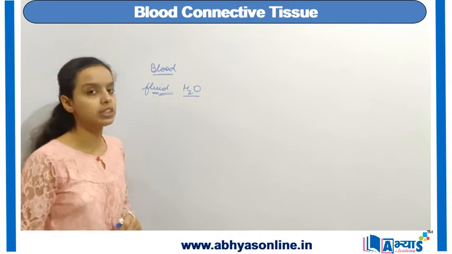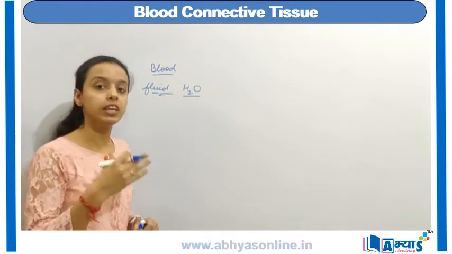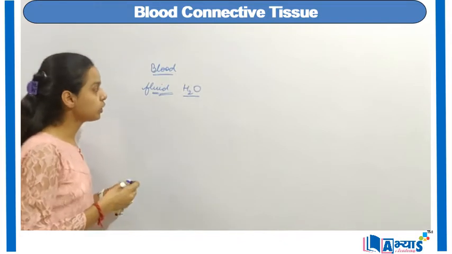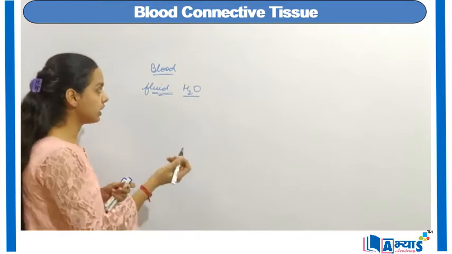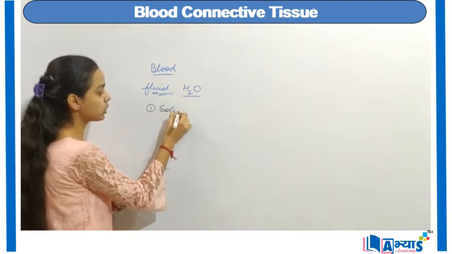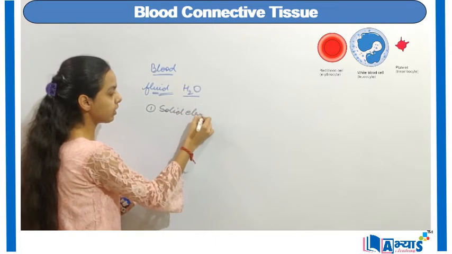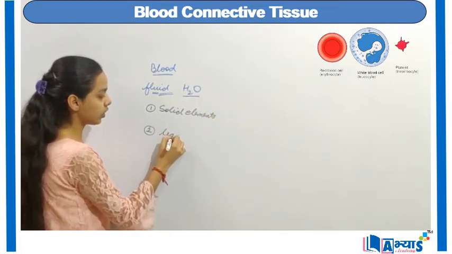So when we have discussed the main definition of blood, now we can come to the various components of blood. Blood basically has two important components. The first is known as the solid elements found in the blood, and the next is known as the liquid element.